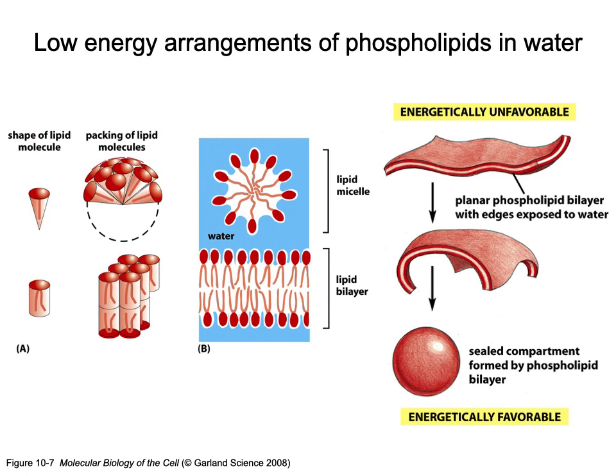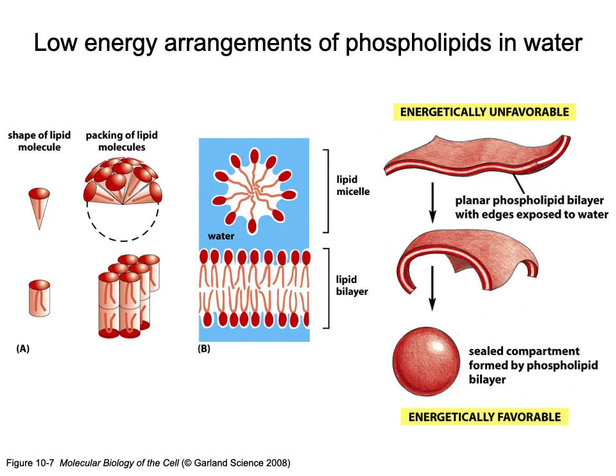So the natural tendency is to actually form a bilayer, so two layers of hydrophobics turned in that are protected by that hydrophilic head. And because we need to have edges, edges would be areas that would interact with the water. The natural tendency is to actually turn that in on itself.